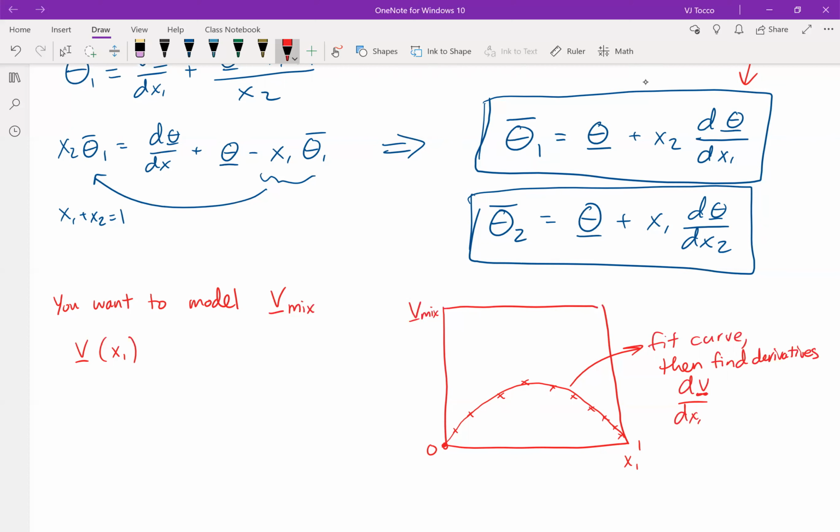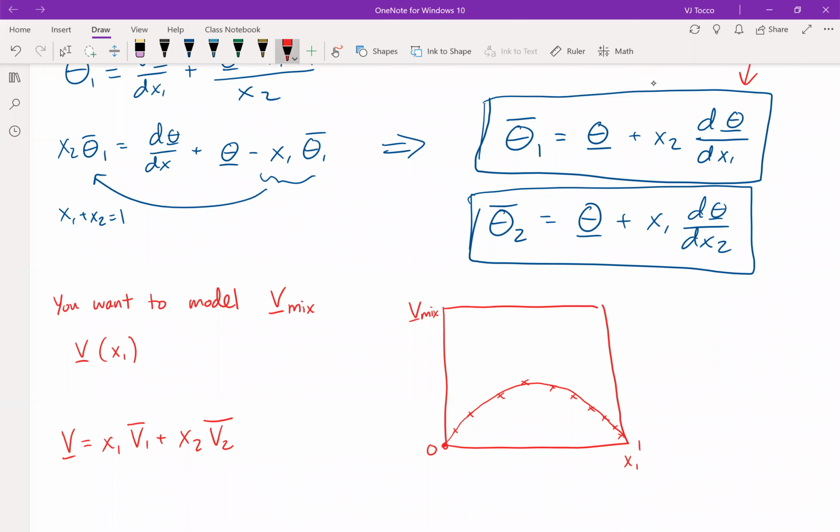And then you can plug in finally to find that V, this property, is x1 V over bar 1 plus x2 V over bar 2. So hopefully that made sense, but what you'd want to do is a little bit of experimentation, and then you want to fit a model to your experiments, and that will allow you to calculate what your property is for any value of x within that range.